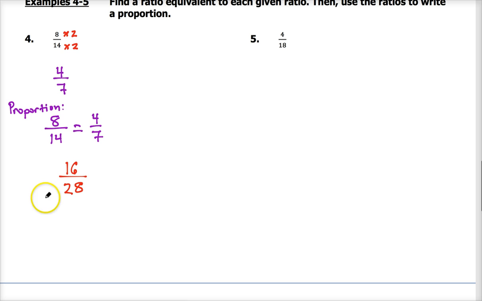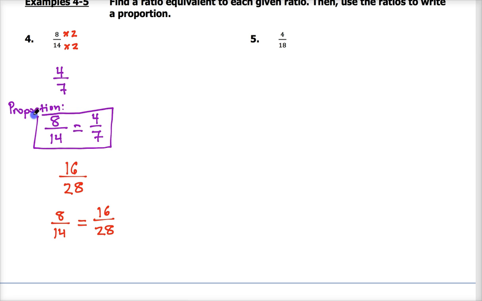And so another proportion I could have written would have been the original ratio 8 to 14 equals 16 to 28. So there's an endless number of possibilities here that you could write for your proportions. Okay, as long as the ratios on both sides of the equal sign are equivalent, meaning they end up reducing to the same ratio in the end, those would be correct statements.